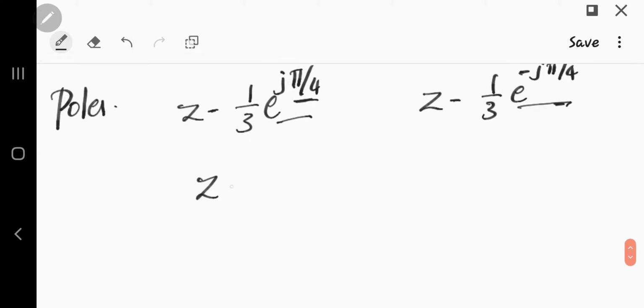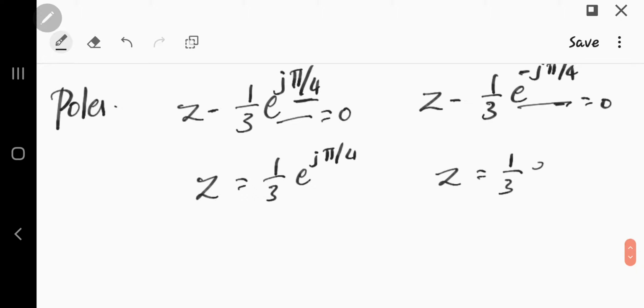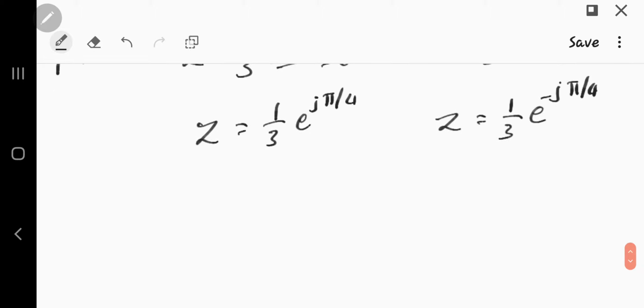That means if you equate to 0, z is equal to 1 by 3 e to the power of j pi by 4, and z is equal to 1 by 3 e to the power of minus j pi by 4. If you compare with z equal to r e power j omega, r gives the radius value and this term is omega.